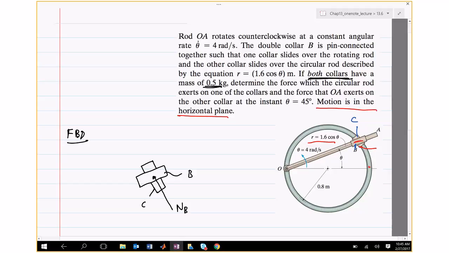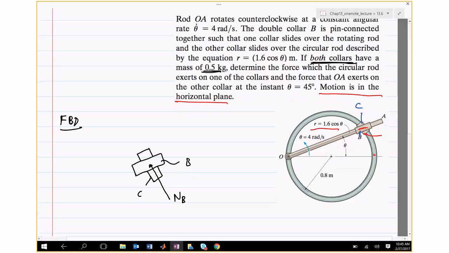So there's going to be a normal force acting on the collar, and I'm going to just assume it to be acting this way. So this is NC. And there's a special property of this force. It's always going to point towards the center of the circle. It's always true. The normal to a circle always passes through the center, and the force NC is along the center of the circle, so it will always pass through the center.